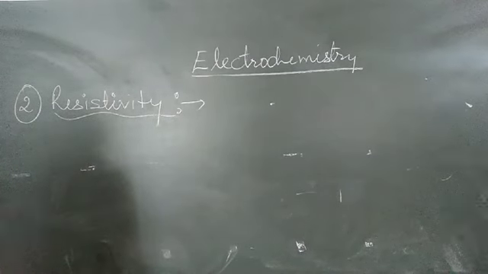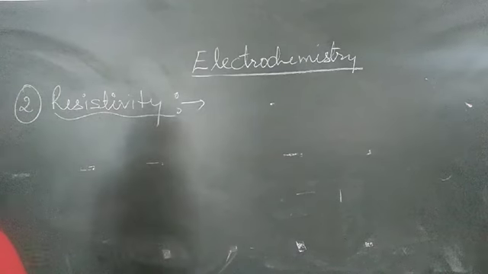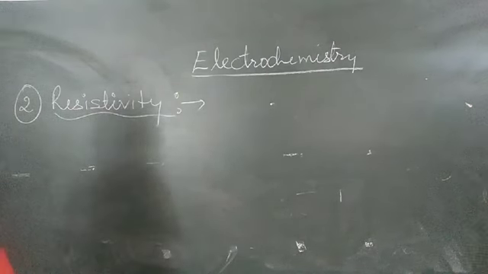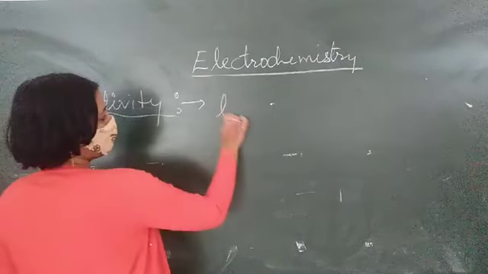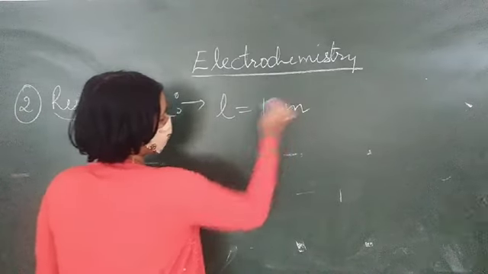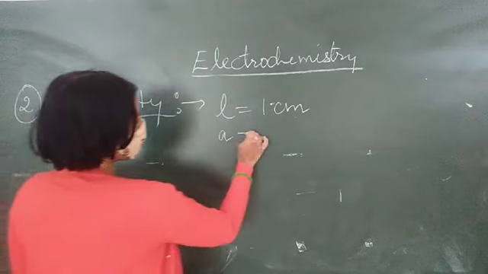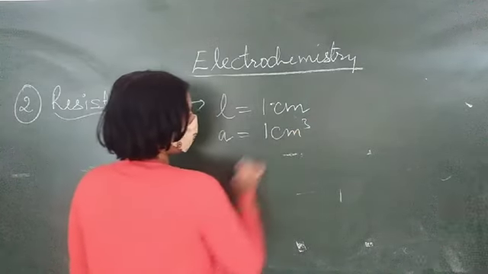Resistivity is defined as the resistance of a conductor of 1 centimeter length and having area of cross section equal to 1 square centimeter. So here L is equal to 1 centimeter and A, the area of cross section, is equal to 1 square centimeter.